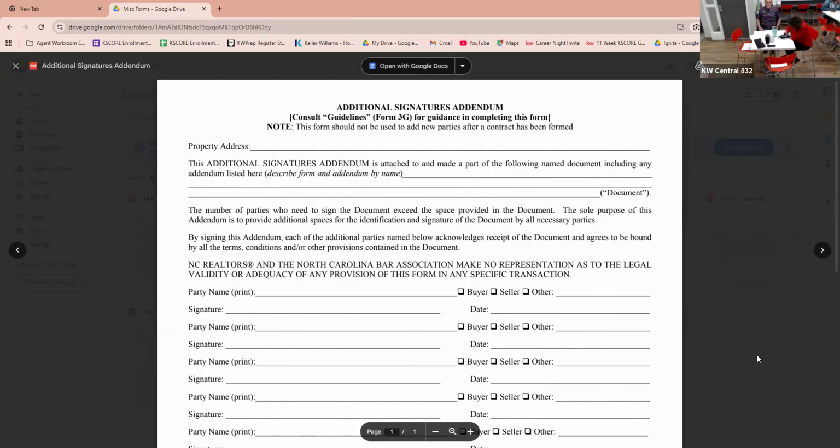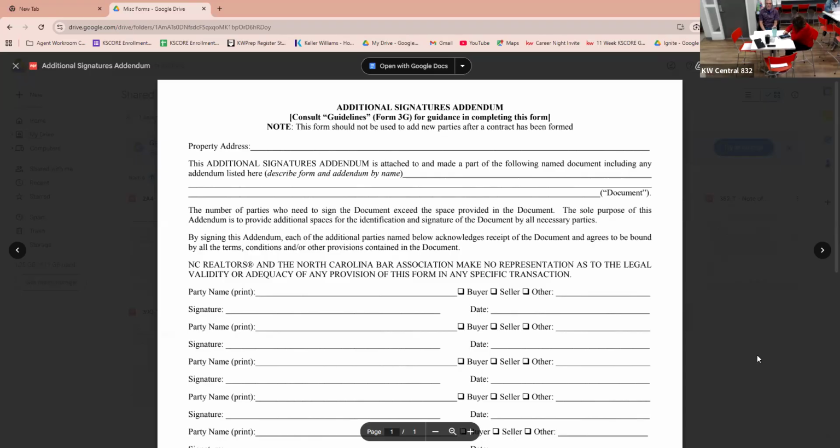Additional signatures addendum is attached to and made part of the following named documents, including any addendum listed here. So we have a listing agreement, we have an MOG, we have an RPODS, we have a lead-based paint, we have an owners association addendum, WWREA, whatever it is, you want to put all of those things in that line.